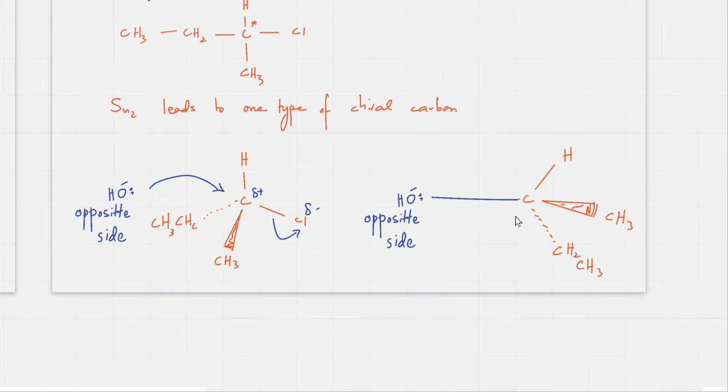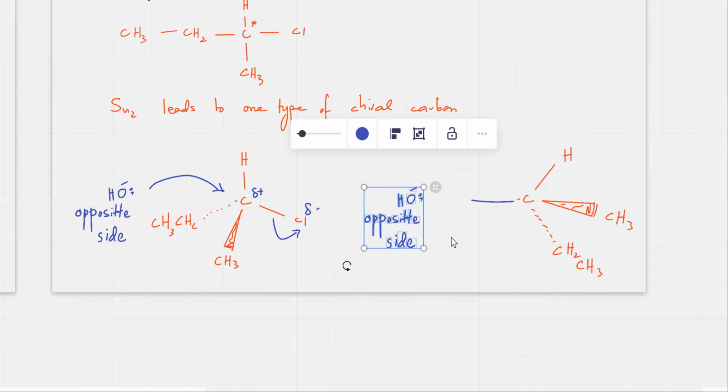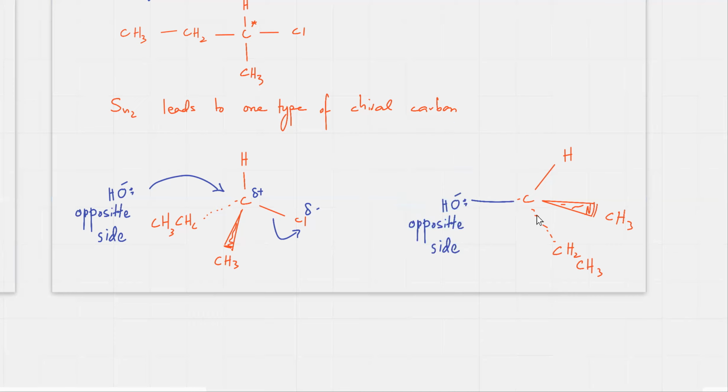It's still going to be a tetrahedral structure, but it's always going to be one type of tetrahedral structure. All the bonds get pushed to one side, and always one type of tetrahedral structure is formed. So not the mirror image.